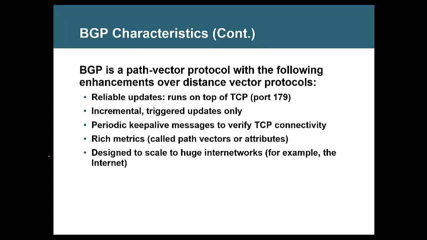Distance vector protocols like EIGRP don't use TCP, but this uses a reliable way of forming neighbors and sharing the route updates. It uses TCP, and the port number that is dedicated for BGP TCP sessions is 179.